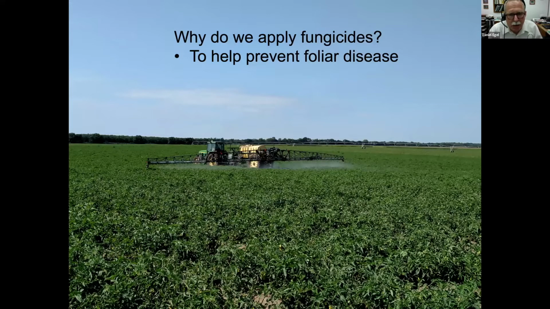So first, let's go back and ask why do we apply fungicides? And of course, we apply fungicides to help with disease, but it's important to remember we apply fungicides to help prevent foliar disease. It really doesn't do much good or any good to apply fungicides to already diseased plants. So we want to apply fungicides on a regular basis to prevent foliar disease.